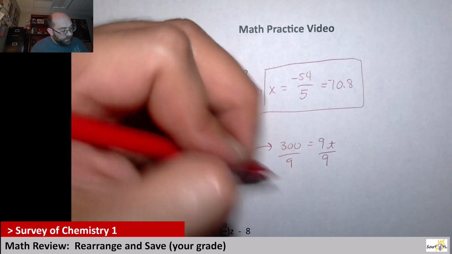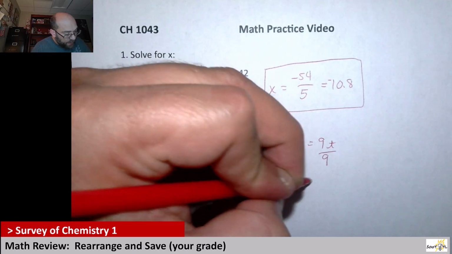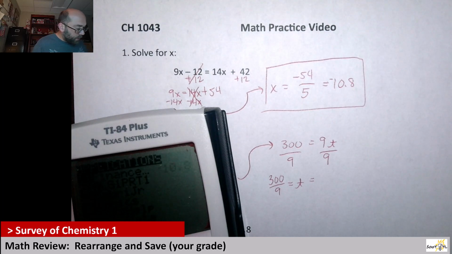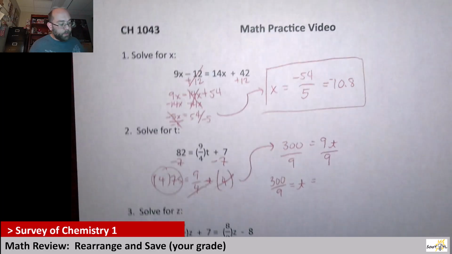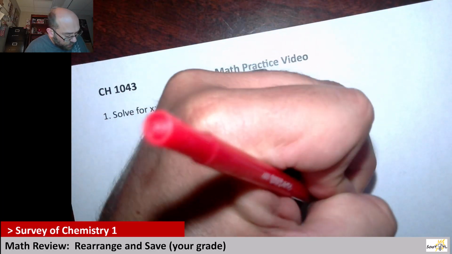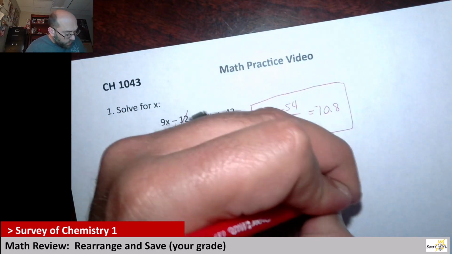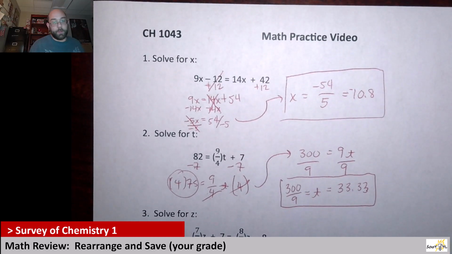I could think of this as 300 divided by 9 is equal to t, or I could do that division. 300 divided by 9 would be 33.33333. I'm just going to stop it at 2 decimal points, so I'm not just going to keep writing 3's.